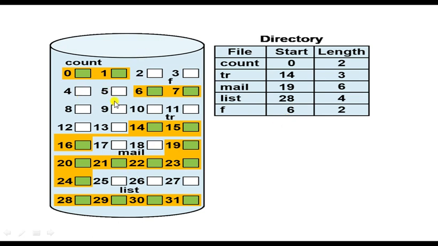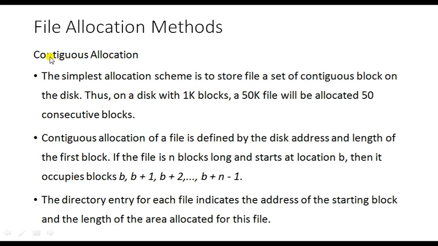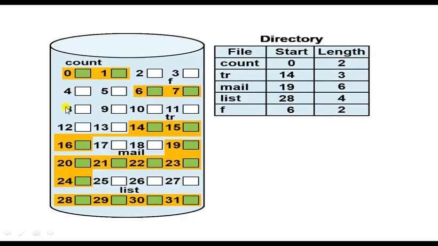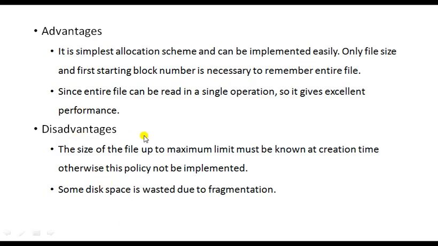Even so, because we are using contiguous allocation, there are no 8 contiguous blocks available. If you observe here, 4 blocks are contiguous, 6 blocks are contiguous, 2 blocks are contiguous, 3 blocks are contiguous, but not 8 blocks. Even if the memory is available but not in a contiguous manner, you cannot allocate the size for the file. This is called fragmentation.